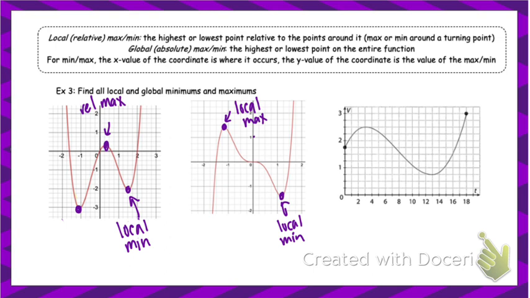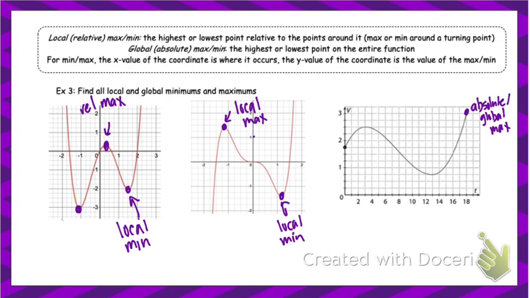All right, now let's look at this last one. Let's talk about a couple things. First of all, we do have an absolute or global maximum. That is the highest point on the entire graph. That point, though, is not a local maximum because we don't have anything to compare it to on the right side. So this endpoint over here is nothing. It's not a min or a max in any way.